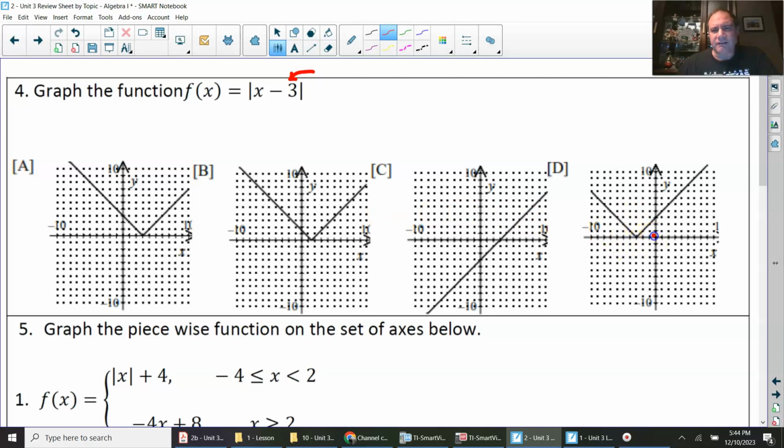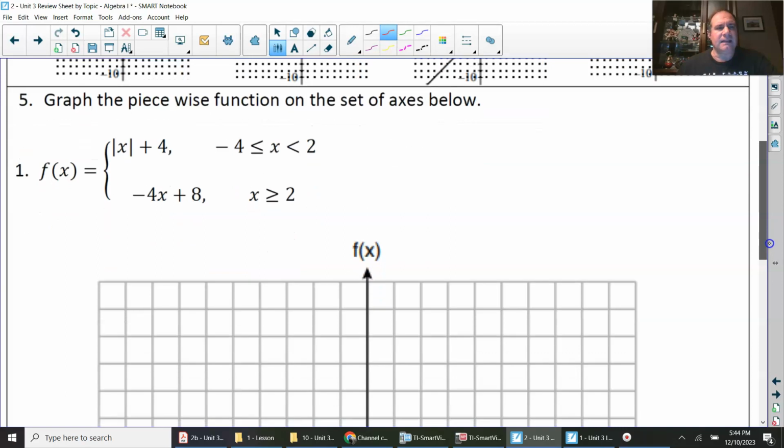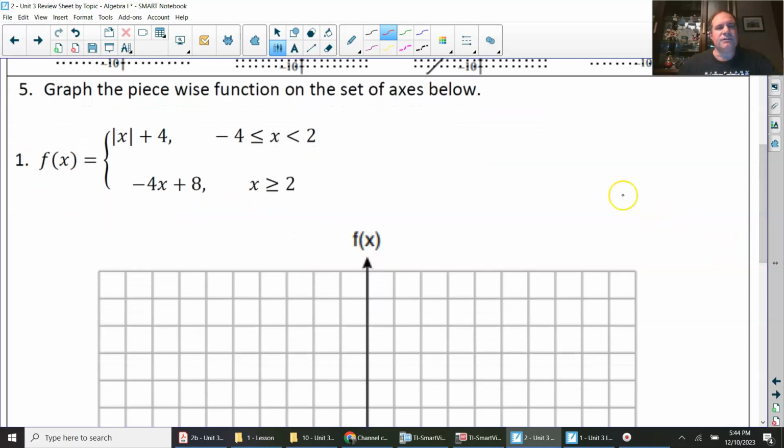This is moving to the left 3 as compared to the parent, and it's not linear. And this is moving 1.5, so that's out. This one is what your graphing calculator would show if you just put it directly in. Just pick the graph, and that's about it. Now it says graph the piecewise function on the set of axes below.